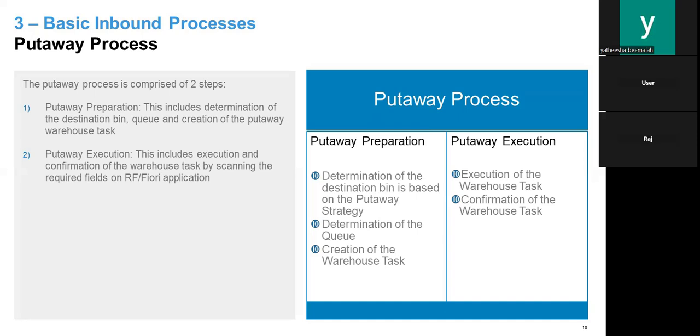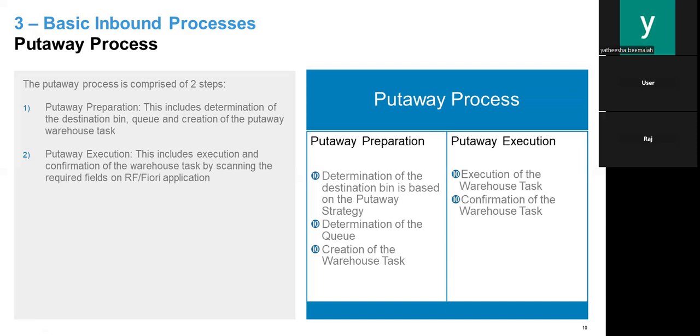Determination of queue means that when the warehouse task is created, it is linked to a warehouse order. That warehouse order is a work package. Generally in the warehouse, users will not work in desktop transactions, right? They will use handheld devices, and they will get the queue.